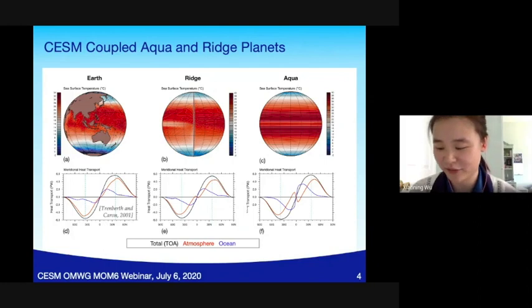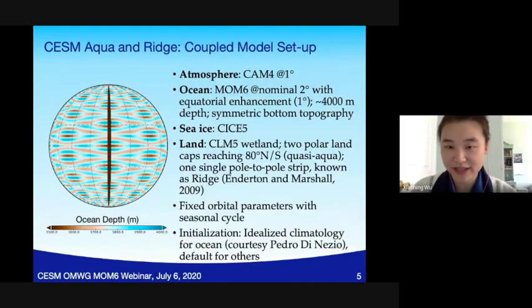This is just to further show that despite the extreme simplification, those setups can help us answer important science questions. To get into a bit of detail on how we configure these models, as Ayla already mentioned, the atmosphere component we're using is CAM4, mostly motivated by a balance between complexity and cost.